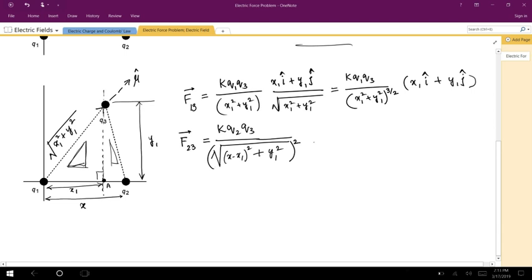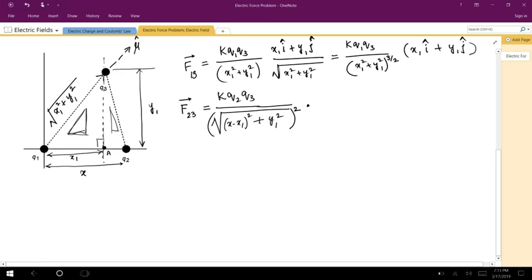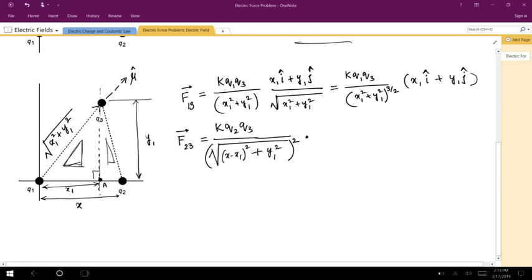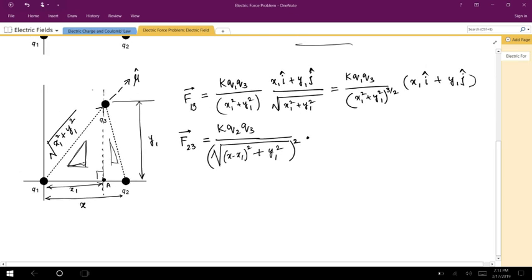And then in order to find the vector quantity, we have to be a little bit careful. If you think about it, the unit vector is going to point along that direction. Okay, so let's change our names.